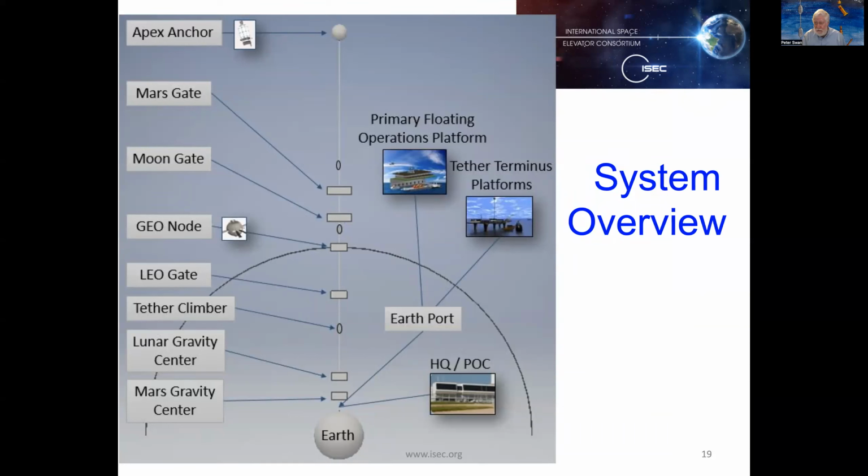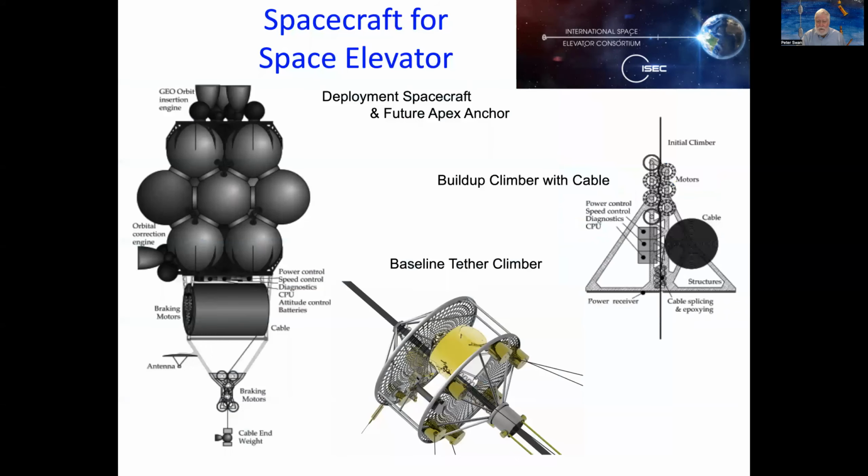We sat down with the Europeans, who have had some good tether competitions over there. And we sat down with all the Americans and we came up with a terminology so that we could actually talk amongst ourselves. Earth port, apex anchor, geo nodes, we've got all kinds of terms, but the idea is we've developed the concept pretty well.